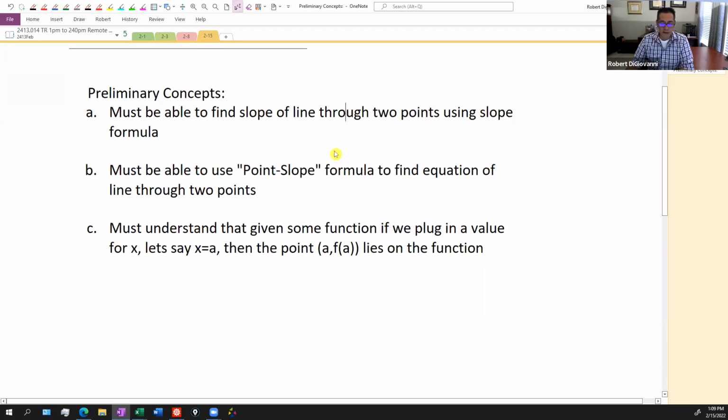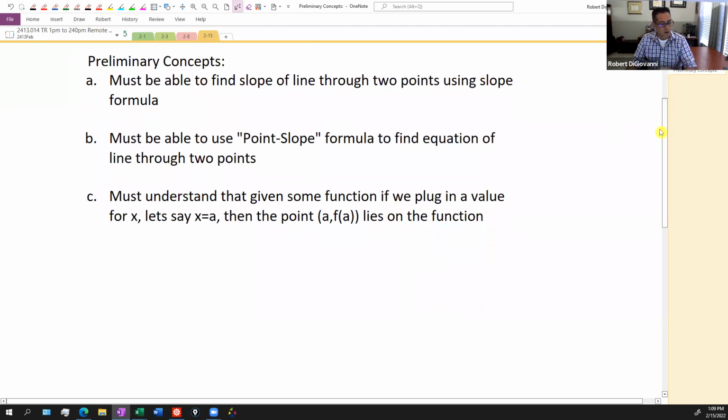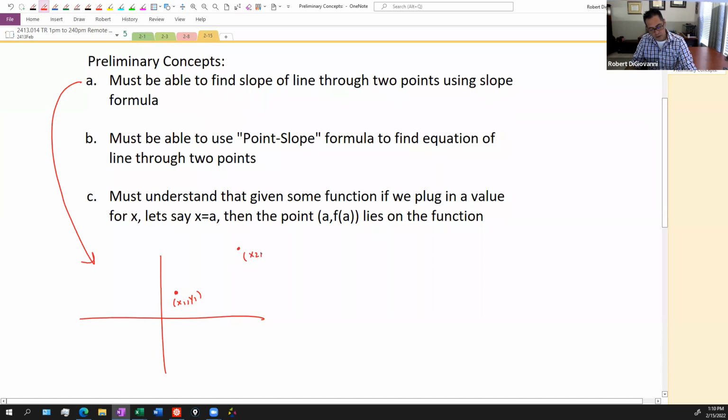You must be able to find the slope of a line through 2 points using the slope formula. So if I give you 2 points, let's say x1, y1, and x2, y2, there's a line connecting those 2 points.